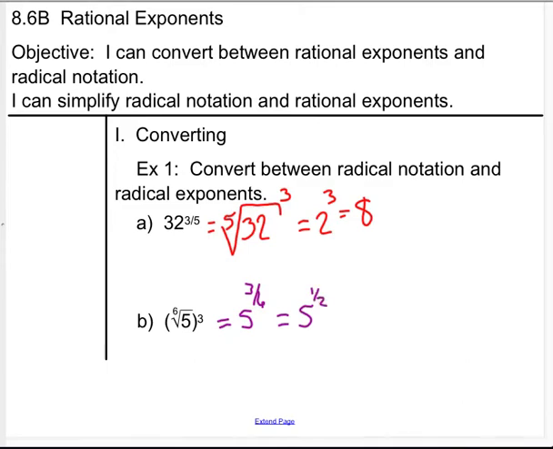Now, I'm going to convert this back to radical notation, even though this is my final answer, because I was asked to convert to rational form. But just so that you see what 5 to the 1/2 power is, remember the denominator is your root, so it's the square root of 5. Whenever you see a 1/2 power, it's the same thing as taking a square root.